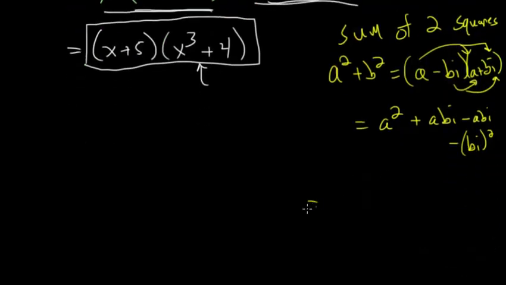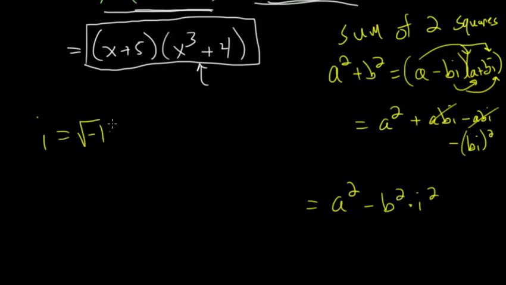And when you simplify this, a squared plus abi minus abi, those middle terms will still cancel out. But now you get minus b squared times i squared. And remember, i, our imaginary unit, is the square root of minus 1. When you square this, you are squaring a square root, and you get back whatever's on the inside, because square roots and squares are inverse operations.